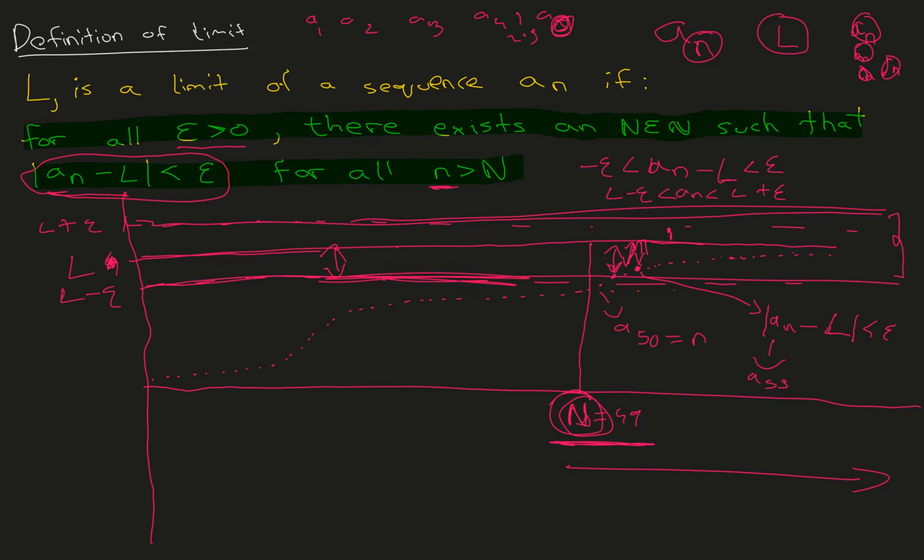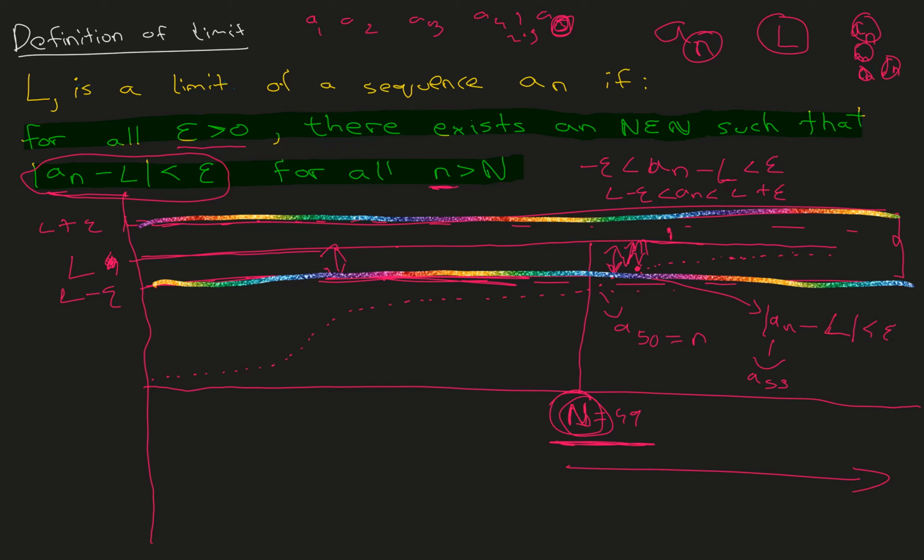So these are the walls of the tube, and the center of the tube is L. So the definition is basically saying that after some time, this center of the tube is the limit of the sequence, because eventually all the terms end up being very, very close to it or even equal to it. Therefore the sequence is tending towards the limit.